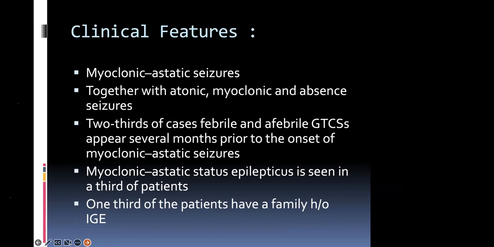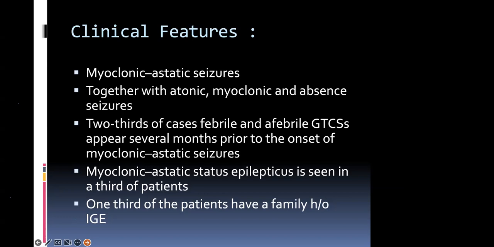Astatic means drop attacks. Normally, these Doose patients drop onto the buttocks. So if you are encountering a child with both febrile and afebrile generalized seizures, who now at the age of 5 or 7 years started having drop attacks and myoclonic jerks, consider Doose syndrome or myoclonic absences.